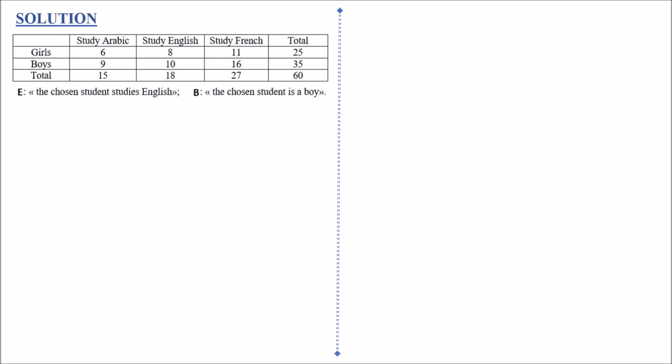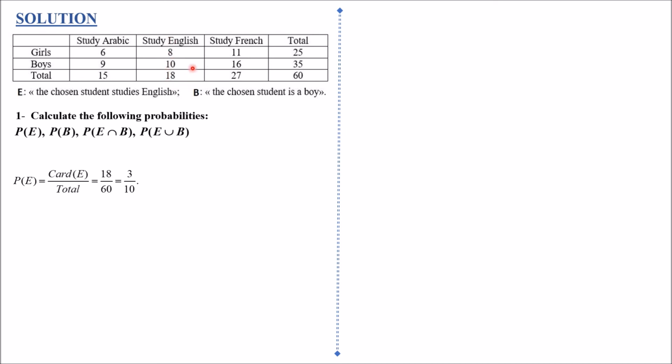So here we have the table and the events. In number 1 we have to calculate the following probabilities. Probability of E, those who study English. So we take the cardinal of E, which is 18, over 60, which is the total number of students under study. So it's 18 over 60, equal to 3 over 10.